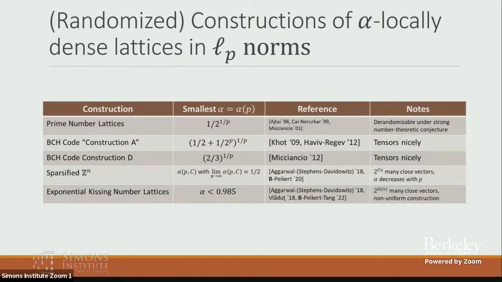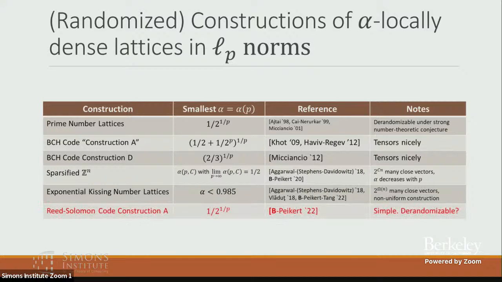And so they were able to construct locally dense lattices in this way by using sparsified Z^n and so-called exponential kissing number lattices with exponentially many shortest vectors. And then in a couple of other works with Peikert and Tang, we refined this analysis and ported it to show hardness results for bounded distance decoding.